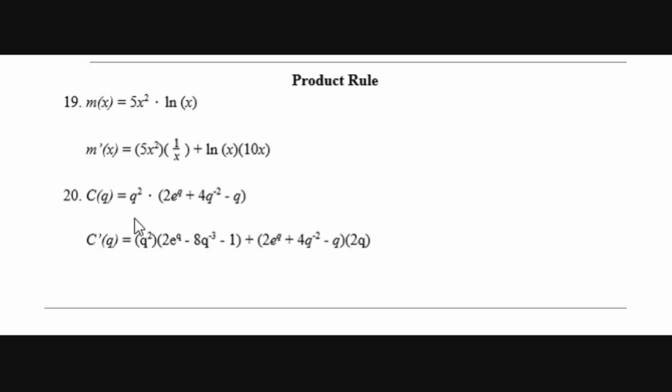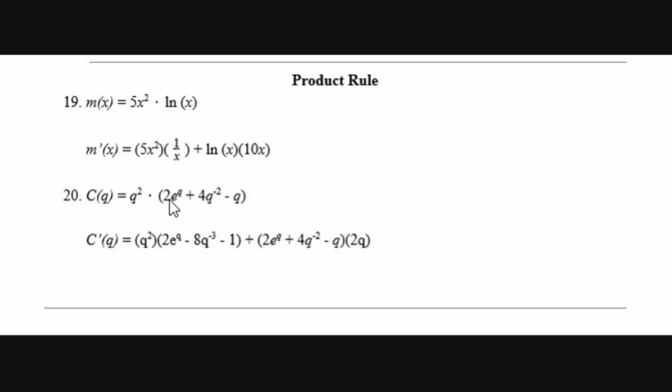Here you have q squared times this old thing right here. To find the derivative of this, you basically do the same thing we did the first time. You bring out the first part of the function, which is q squared, and multiply that by the derivative of the second part of the function. To find the derivative of this, you want to do it individually. You start off with 2 times e to the q power, which uses the exponent rule that I already talked about.